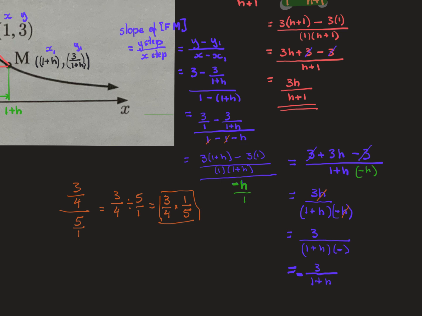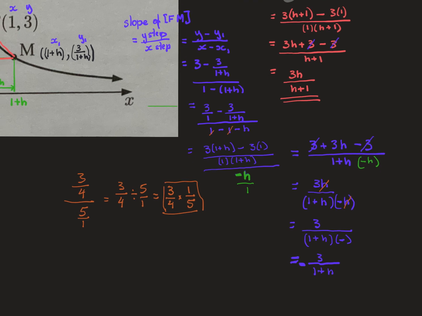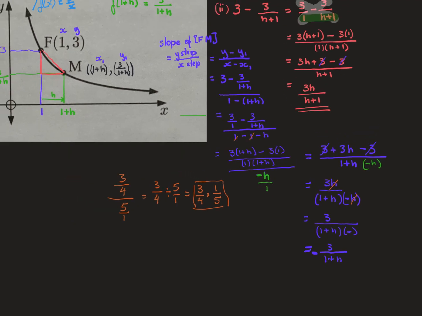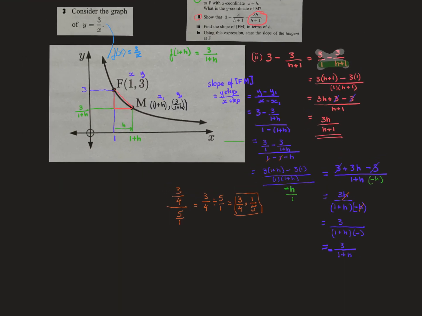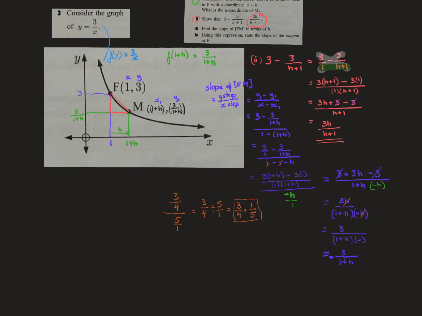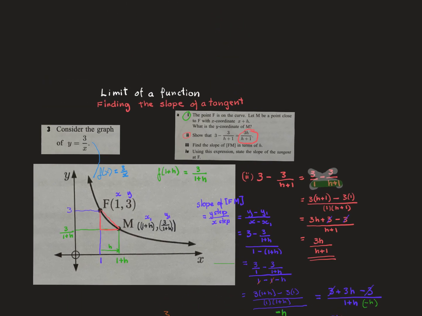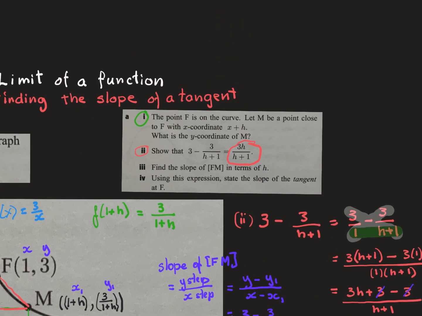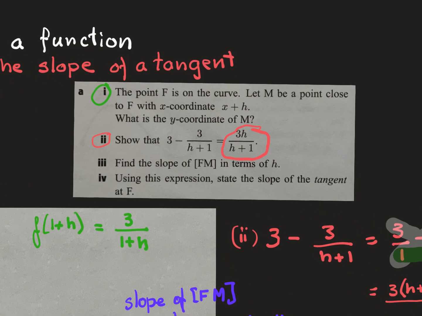And that makes sense because this is the slope. And if you notice, the slope is negative, which is true because the slope of fm is a negative slope. So now comes that tricky question where you're asked to, using this expression, state the slope of the tangent at f.